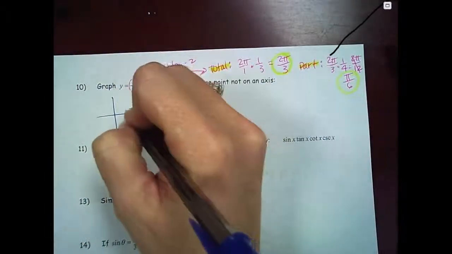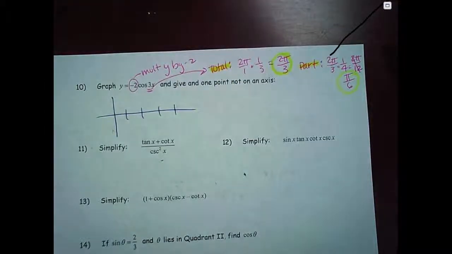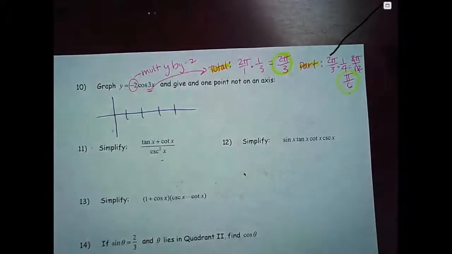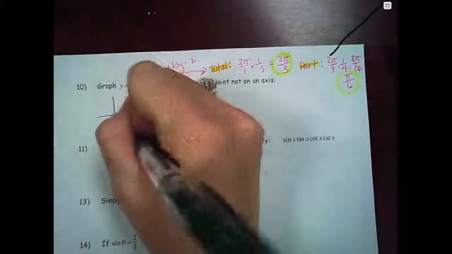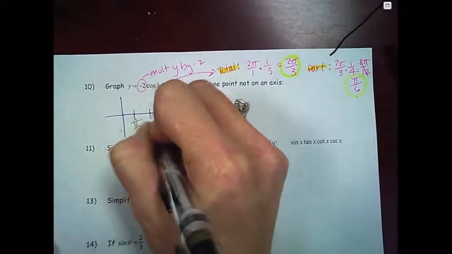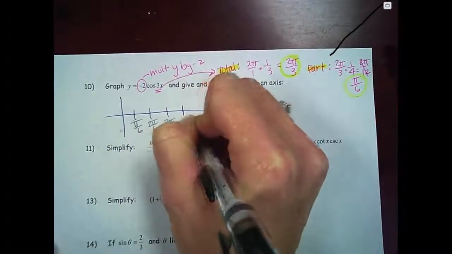So let's make our graph here. 4 marks. What are we going to call those 4 marks? What is each part? Each part is pi over 6. I'm going to use a pencil so I can erase them and clean them up. So pi over 6, 2 pi over 6, 3 pi over 6, and 4 pi over 6.